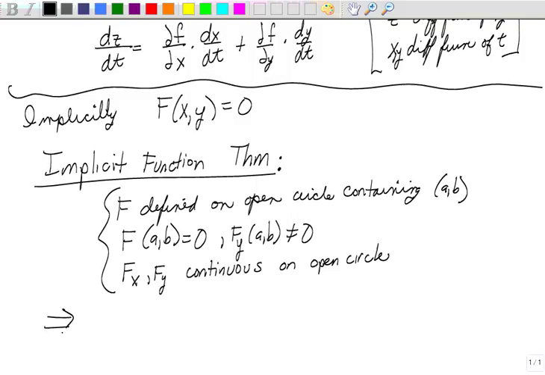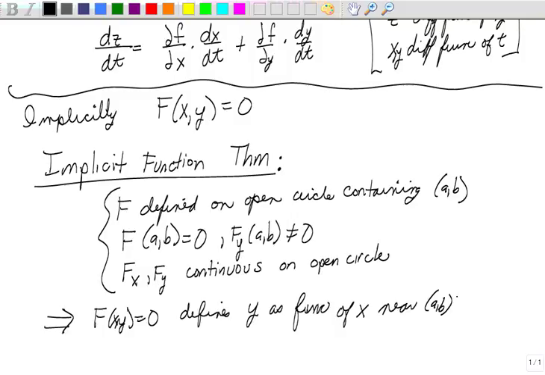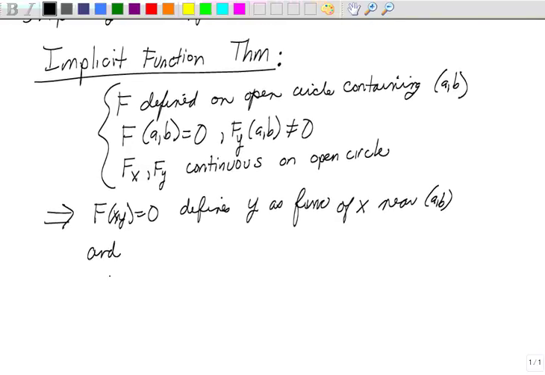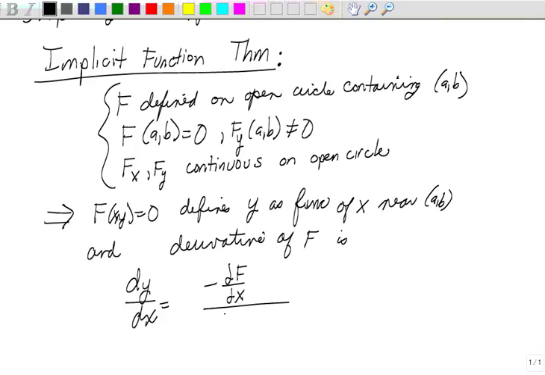Okay, if all those are true, then we can say that f(x, y) = 0 defines y as a function of x near (a, b), and the derivative dy/dx is equal to minus the partial of f with respect to x divided by the partial of f with respect to y.